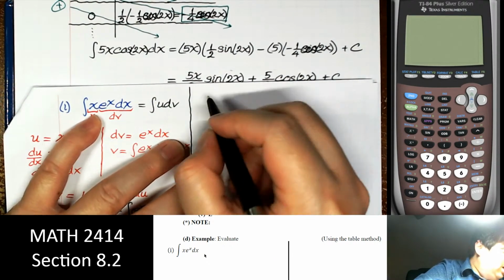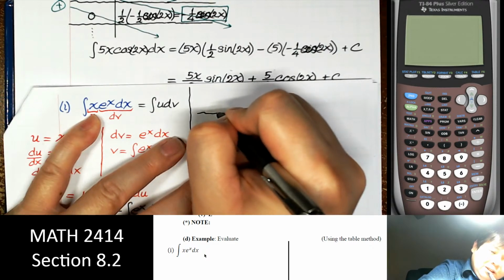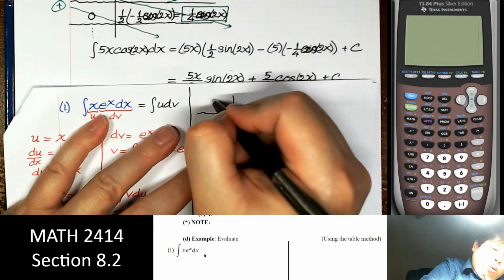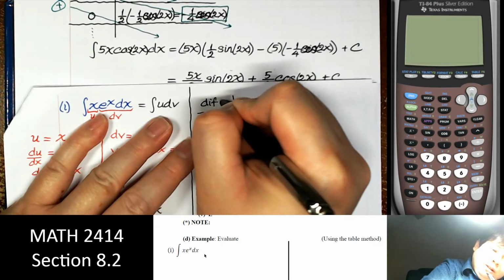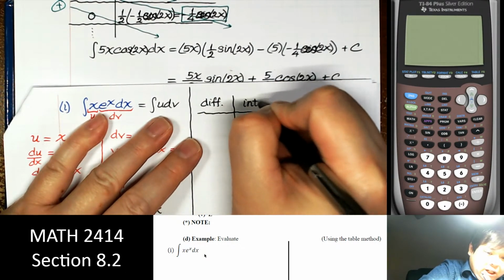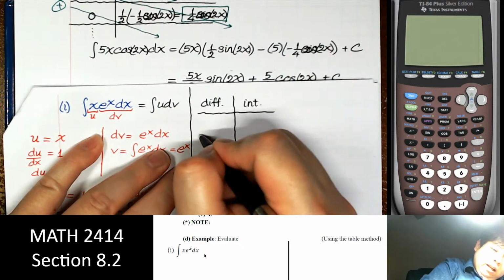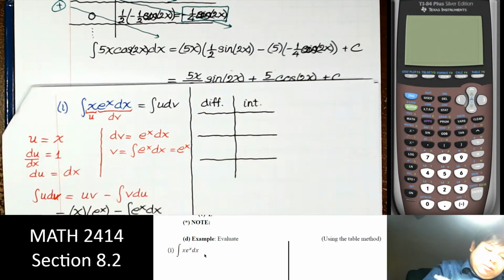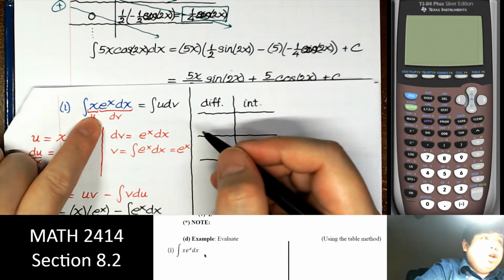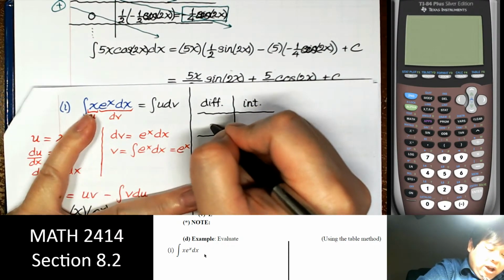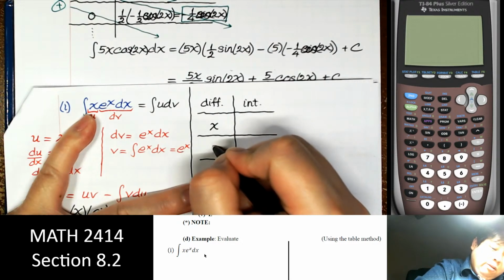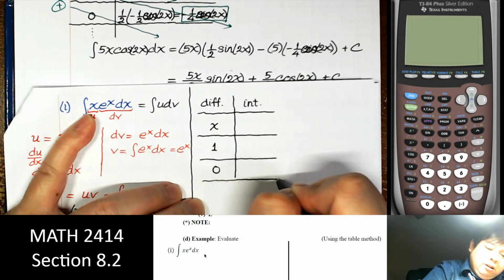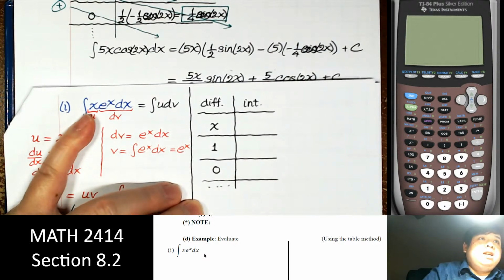Right. So if we use the table method, we will have something to be differentiated, something to be integrated. And u is what is to be differentiated. So we have x, and then we take the derivative of x, which is 1, derivative of 1 is 0, and will be 0 after that.